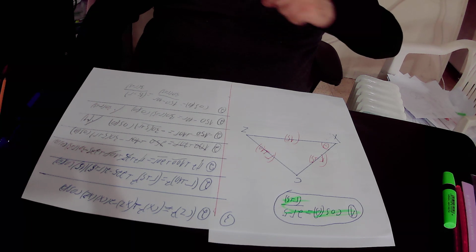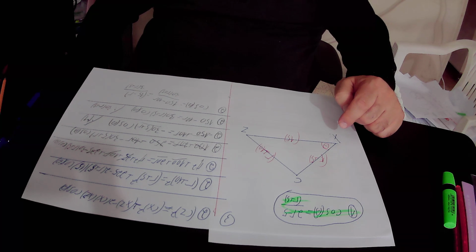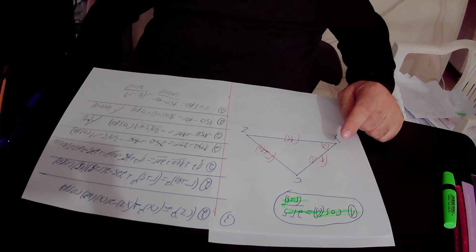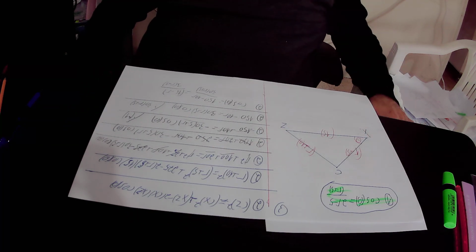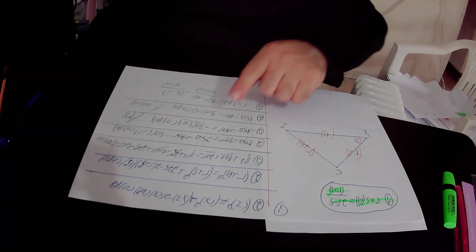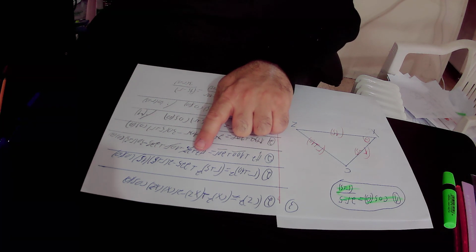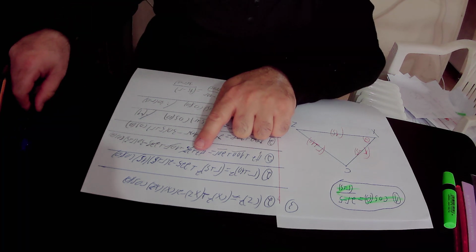Then we substituted CZ by r plus 10, XZ by 15, and XC by r plus 5. And we got that according to equation number 2, CZ square equals r plus 10 square, CX square is r plus 5 square, and it is equal to XZ square.